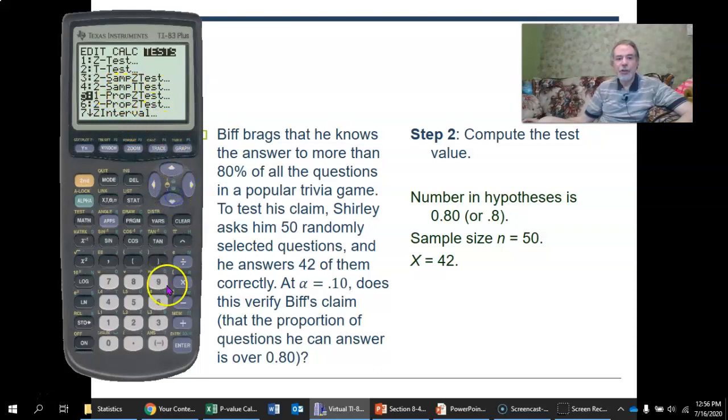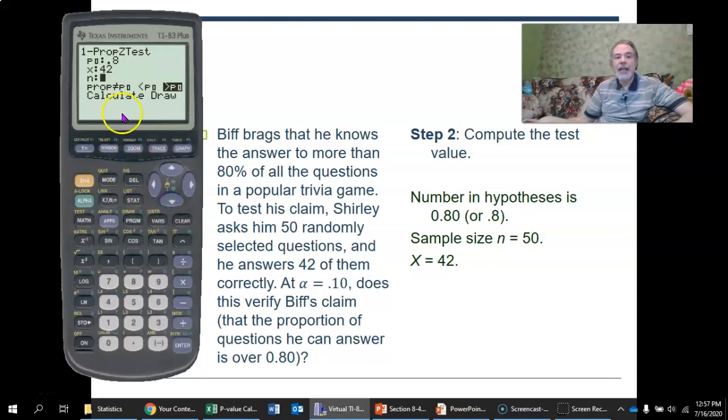Prop for proportion. When I select that, we get something like this. I've already filled in the numbers: p0 is the number in the hypotheses, 0.80 or just 0.8. x is 42. n is 50.